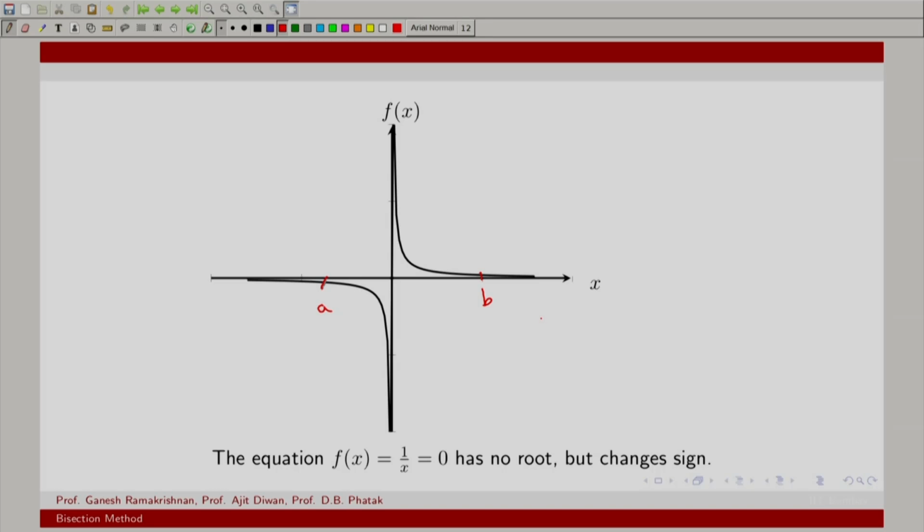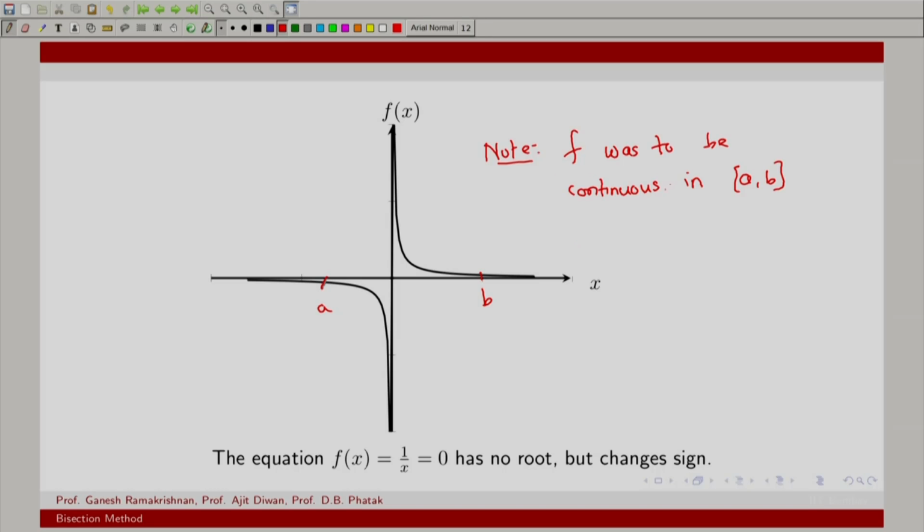So it's a fundamental problem with the assumption that if A and B have their signs changed, the function changes sign between A and B, then the root will be between A and B. But recall, our assumption was subject to the assumption that f is continuous between A and B. So note that f was to be continuous in the closed interval AB, which is not the case here. So only under this condition was the change of sign a sufficient condition.